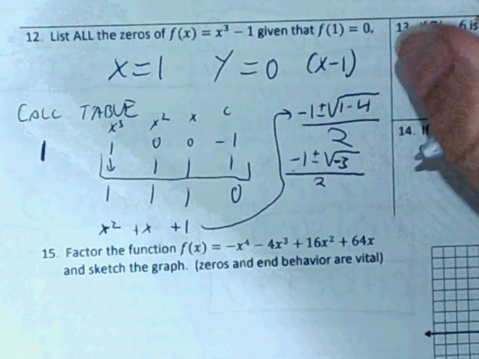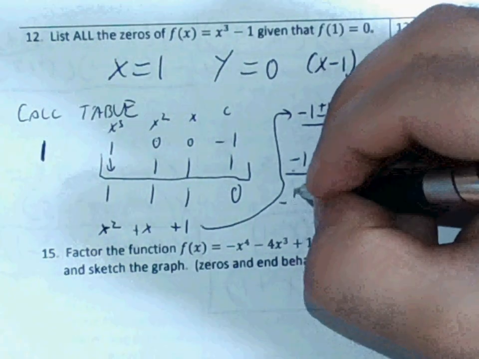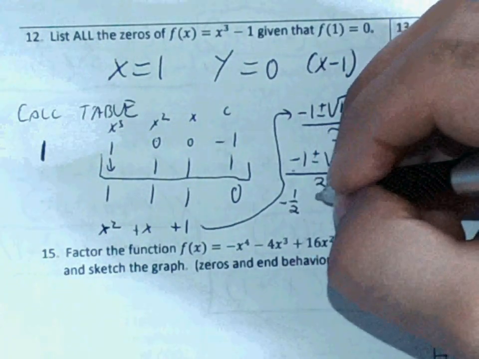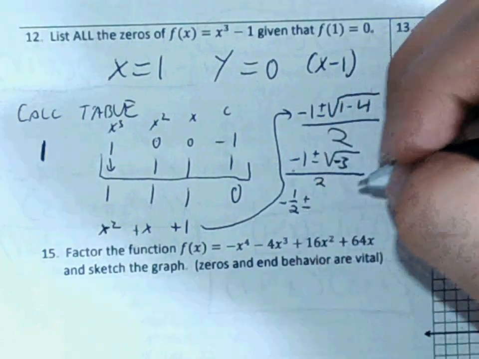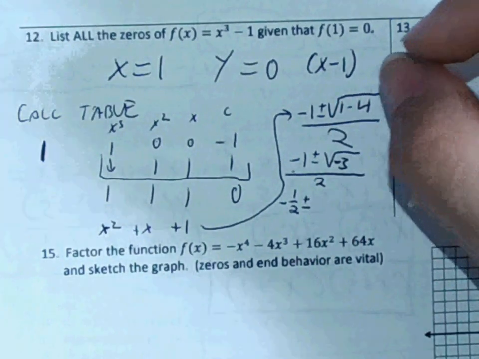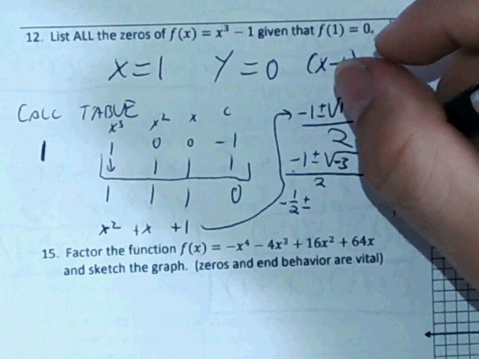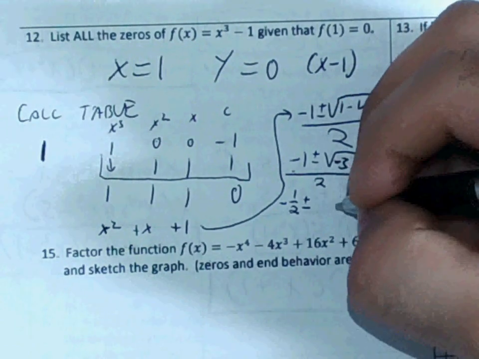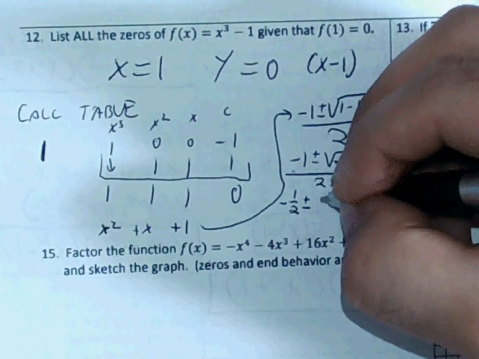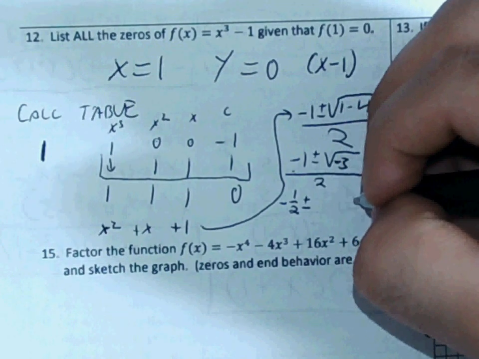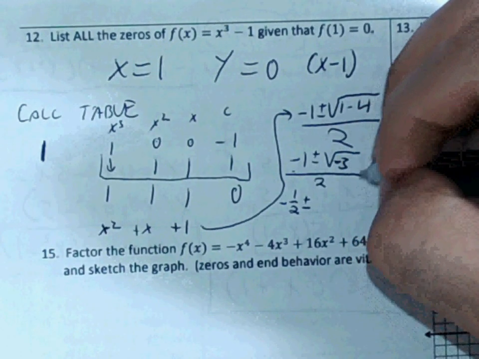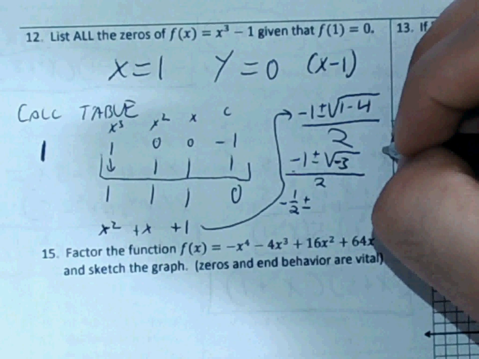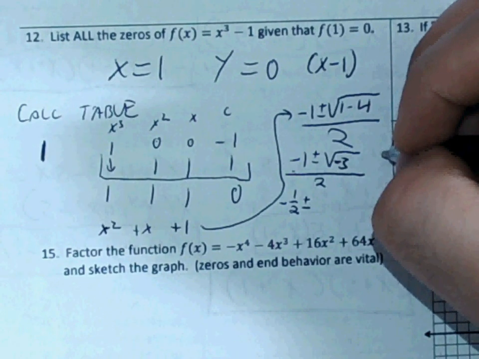So that'll be negative 1/2 plus or minus root 3i, because that'd be the square root of 3 times the square root of negative 1.